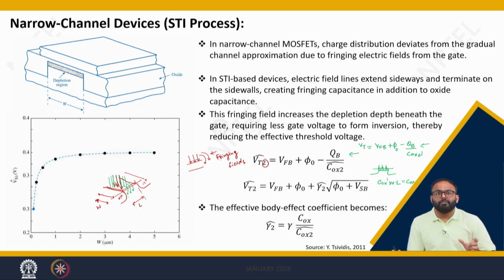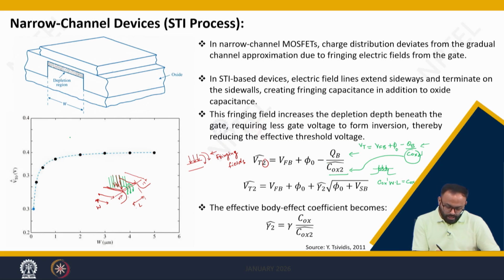However, when the width of the device is shrunk, then these fringing lines will be significant, and hence these fringing lines will additionally deplete the channel. Thus, the oxide capacitance will increase, or the effective capacitance seen by the field lines of the gate will increase. So, I can rewrite this as COX cap, where COX cap represents the increase in additional capacitance.